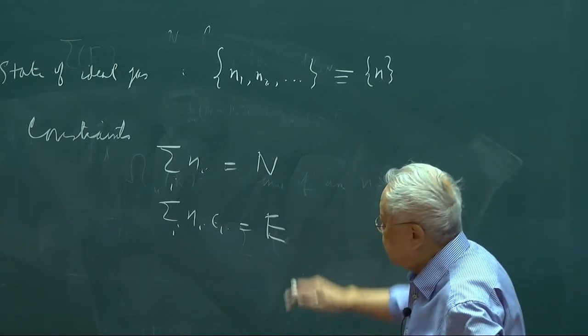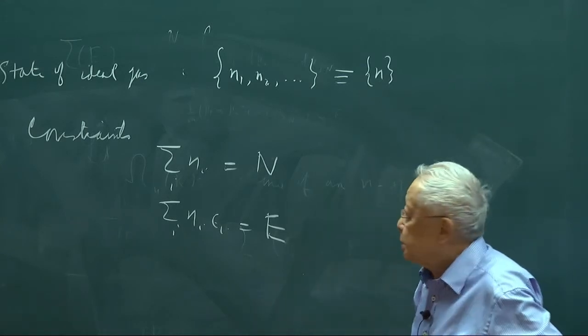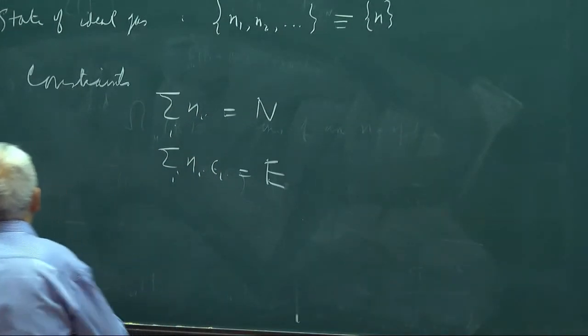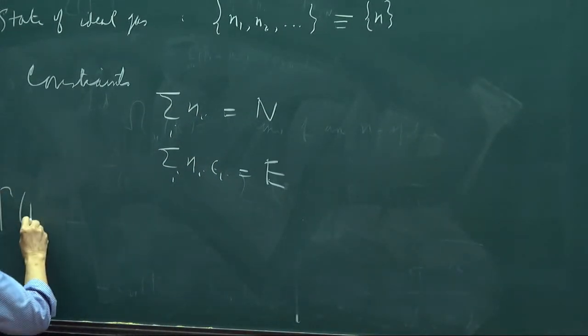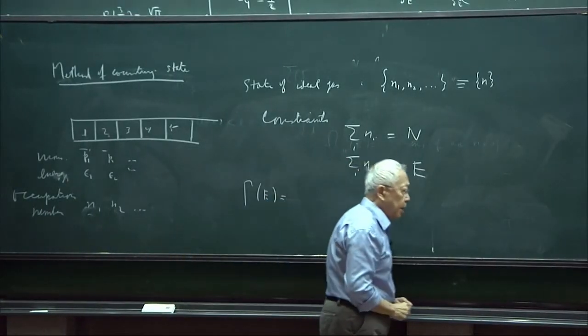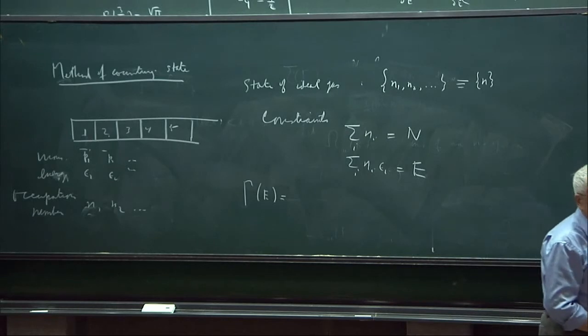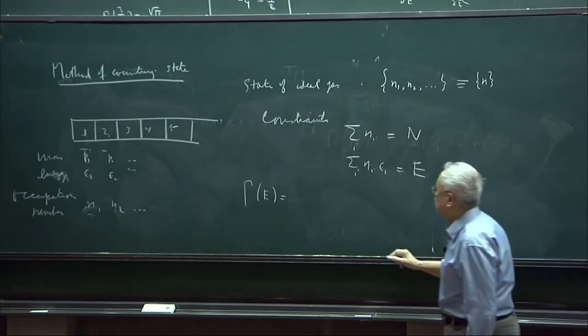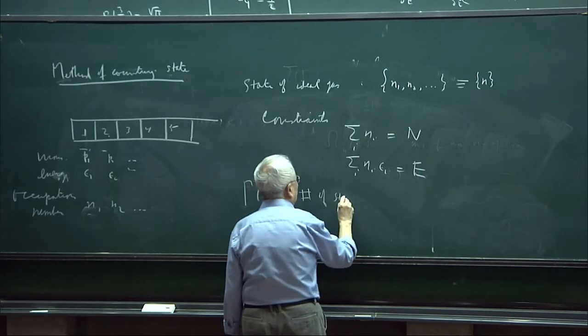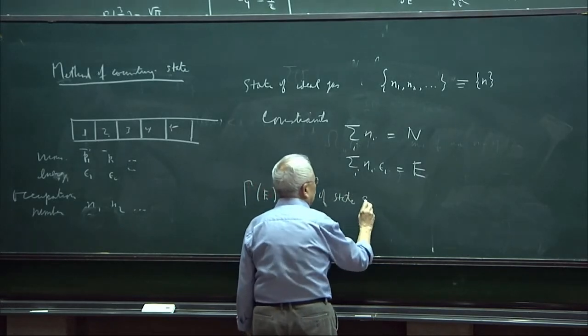So this statement says it's an ideal gas. So what is gamma E? Gamma E is the number of states satisfying these constraints.